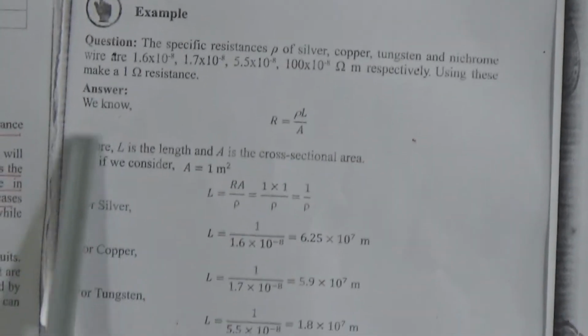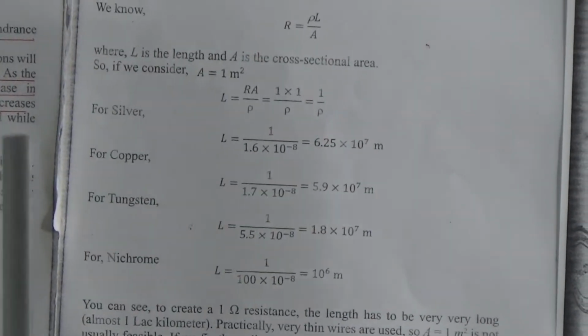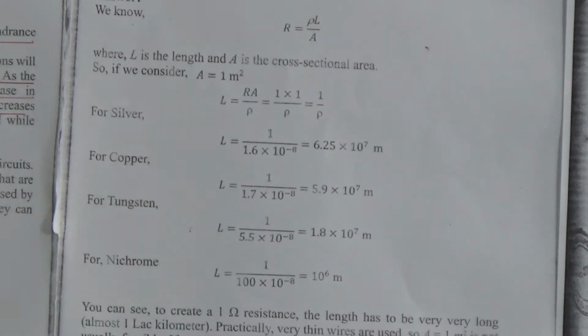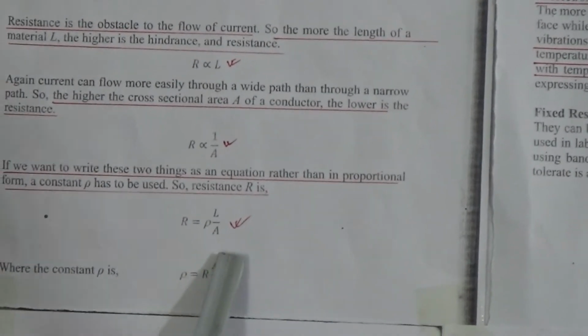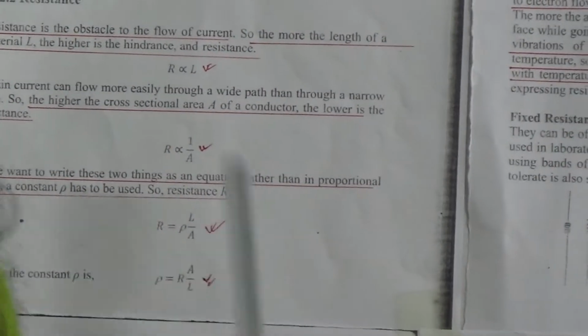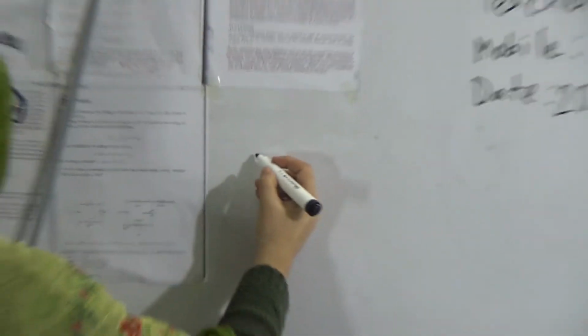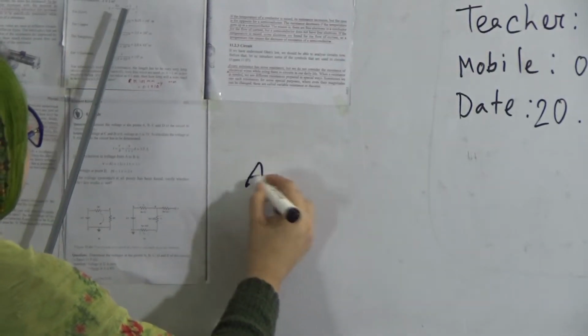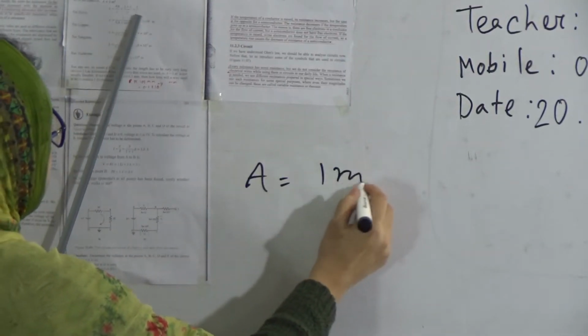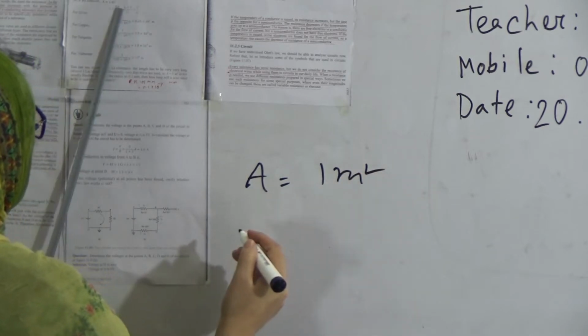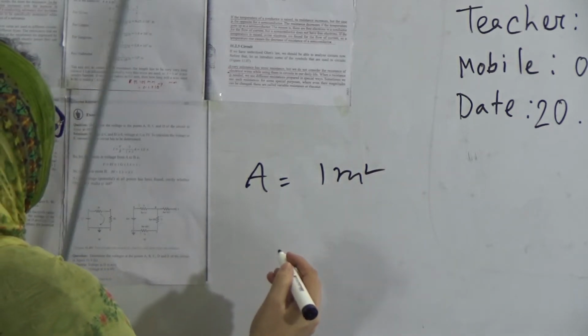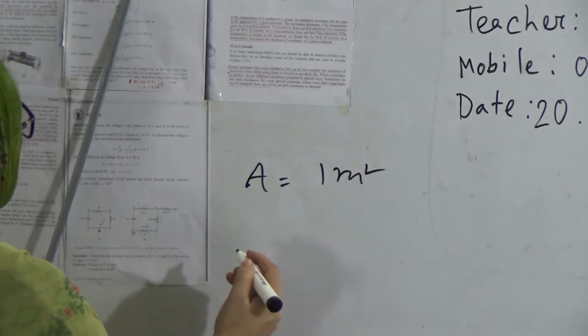So my dear students, we know the formula R equals rho L divided by A. By using this formula, we can find out the length of these materials. If we consider the area is 1 meter square, and the specific resistance of these materials.